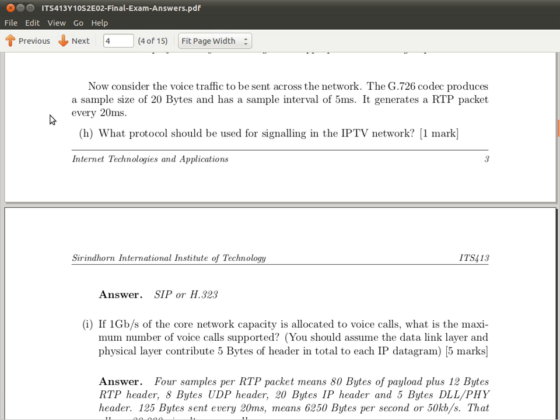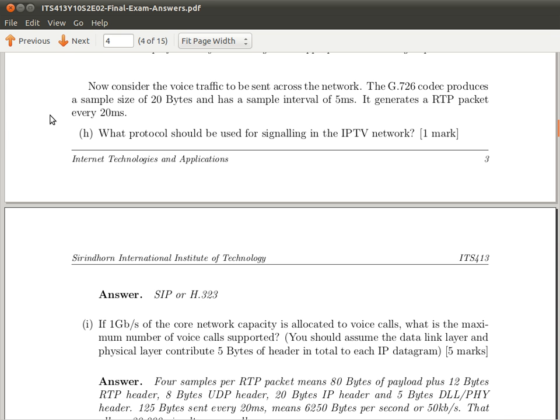Every 20 milliseconds, your computer sends a packet. So how many bytes does our RTP packet contain?